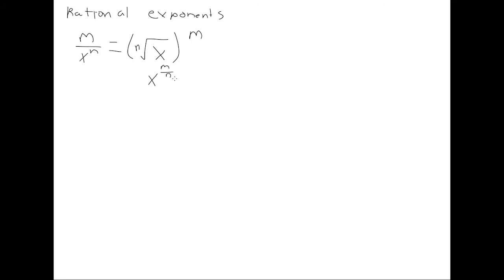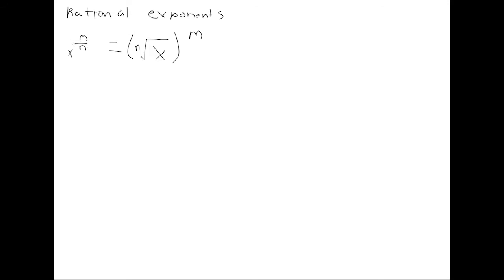Okay, I think I drew something wrong here. Sorry about that. Sorry, what I meant was x to the power of m divided by n. Okay, so what this is saying is x to the power of m divided by n is going to equal the nth root of x to the power of m.